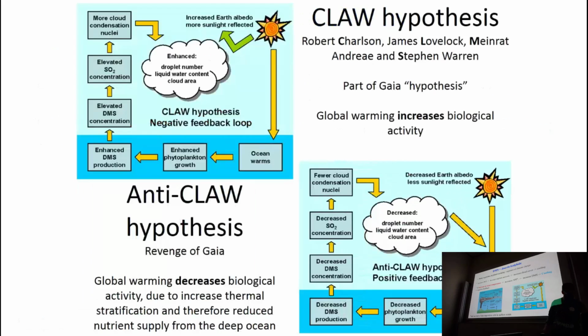Or is it? Okay, so this hypothesis was initially called the CLAW Hypothesis, because everyone likes an acronym. It was by these guys, Charlson, Lovelock, and whatnot. So James Lovelock is the author of the Gaia Hypothesis, which is kind of a bit of a hippie Bible, which is kind of like the Earth is considered as a living being that can regulate its own habitability.